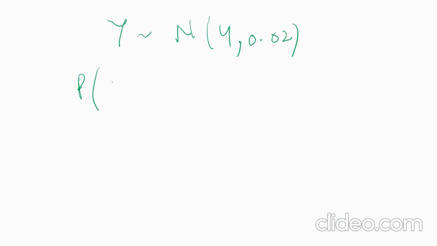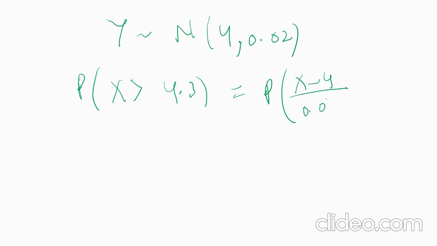So we want to find that total thickness exceeds 4.3. So that means we can just do x minus 4 divided by 0.02 greater than 4.3 minus 4 divided by 0.02.